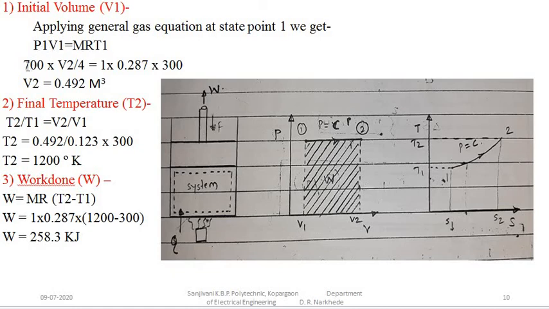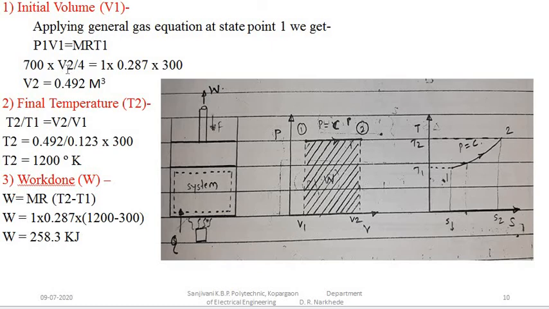So the P1 value is 700 kilopascal into V1, which we can write in terms of V2 as V2 upon 4, that is equal to mass 1 kg into R value 0.287 into temperature T1, that is 300 degree Kelvin. So the only unknown here is the final volume V2.